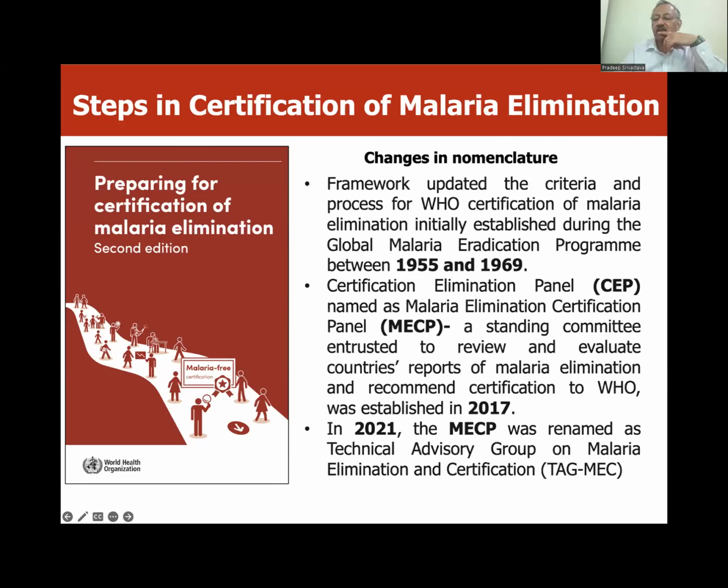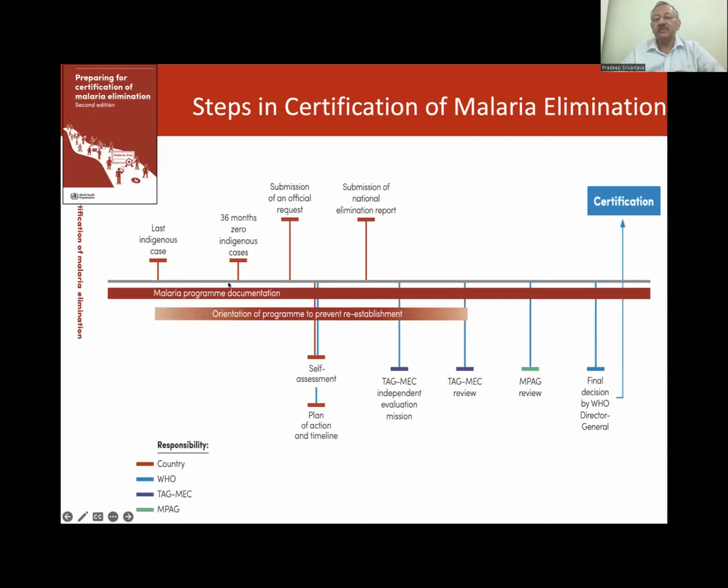In this document, shown on the left-hand side, preparing for certification of malaria elimination, the name has been changed to the Technical Advisory Group on Malaria Elimination and Certification, TAG-MEC. So everyone working on malaria, at different levels, should understand that CEP, MECP and TAG-MEC are the same group, which is actually verifying our claim and seeing the data. This is very, very important.